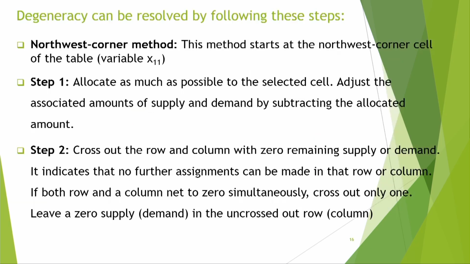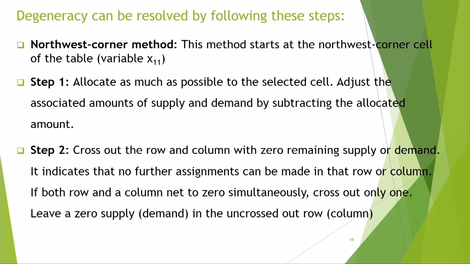Okay, next, let us summarize everything. The northwest corner method starts at the northwest corner cell of the table, that is variable x11. Step 1, allocate as much as possible to the selected cell. Adjust the allocated amounts of supply and demand by subtracting the allocated amount.